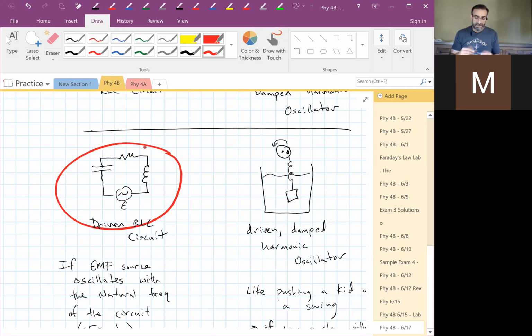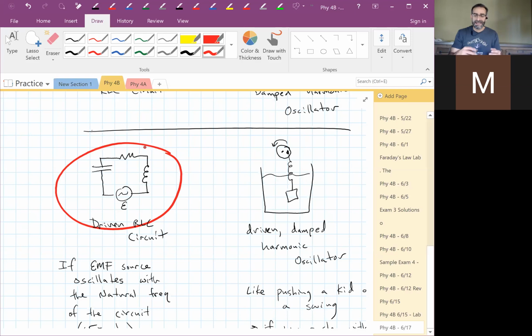So in other words, if I were to calculate the maximum voltage on my capacitor, the maximum voltage on my resistor, and the maximum voltage on my inductor, and I added them up, I would get more than the EMF that the power supply is putting out, the maximum EMF on the power supply. How is that? Well, they don't all hit their maximums at the same time. They hit their maximums at different times.